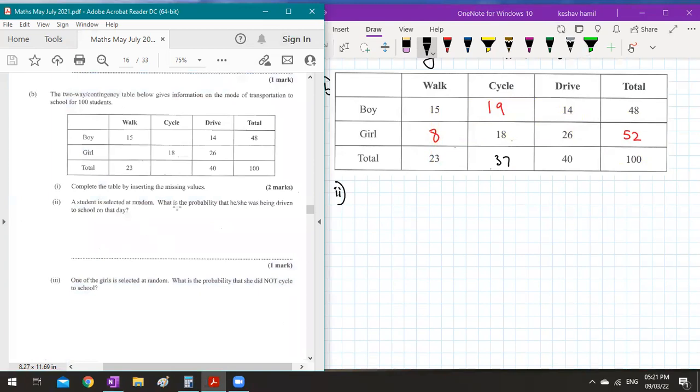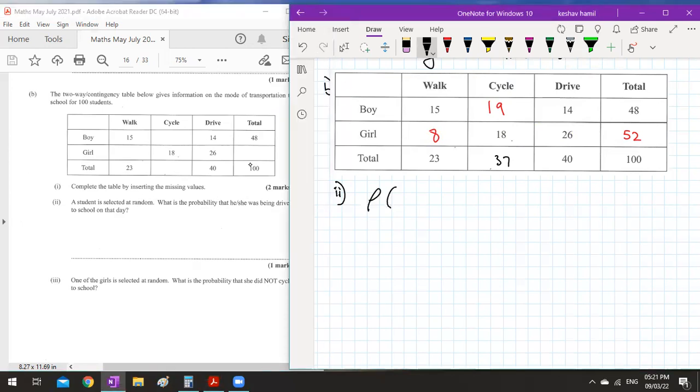A student selected at random. What is the probability he or she was being driven to school on that day? So the probability of a student being driven.